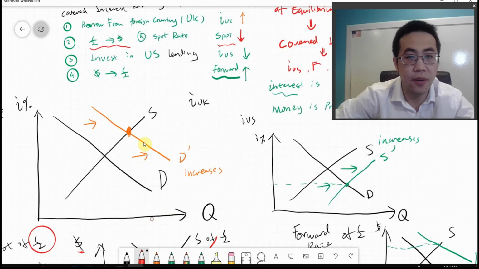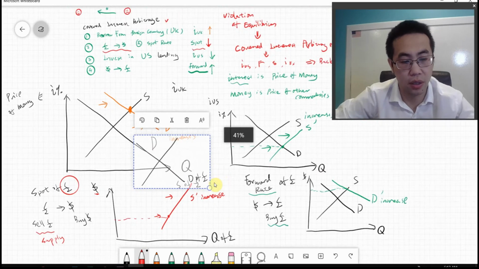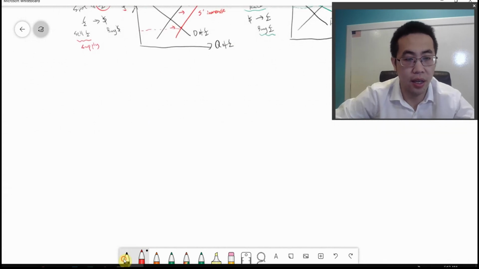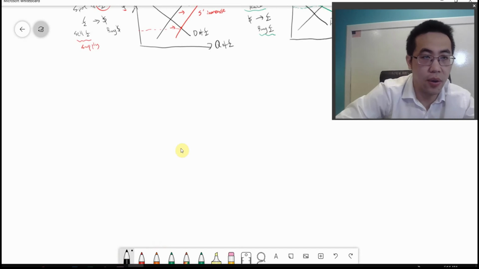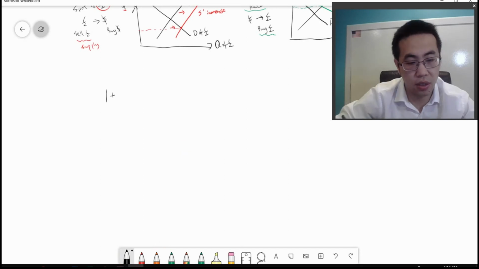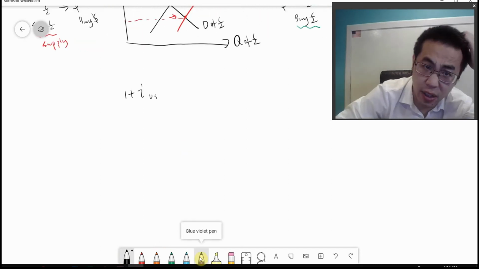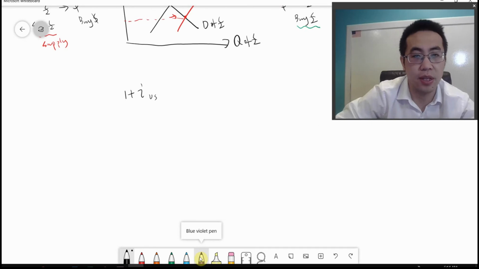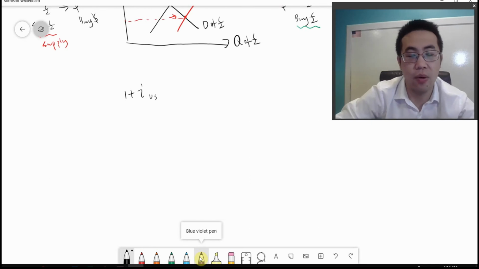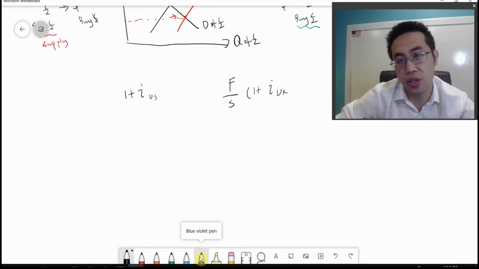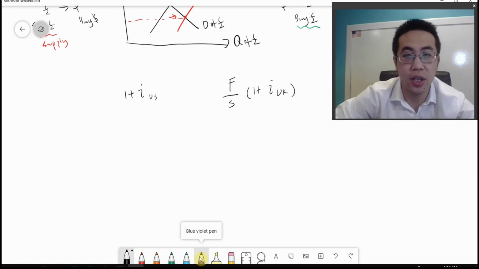And I'm giving you another example here. So let's see, we have an opposite situation. So you have a US interest. The left-hand side is still US interest plus 1. So that's how much you can make at home. And the right-hand side is still forward over spot times 1 plus the, let's say, UK interest to represent a foreign country.